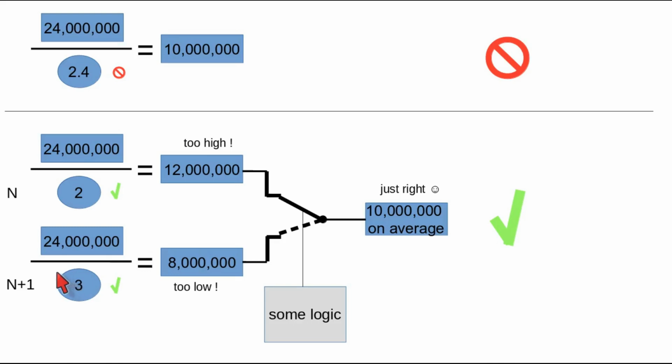These 2 divisors are normally called n and n plus 1. The frequency using the n divisor is obviously higher than the one we want. It's 12 MHz instead of 10. And of course the frequency using the n plus 1 divider is too low. It's 8 MHz instead of 10.